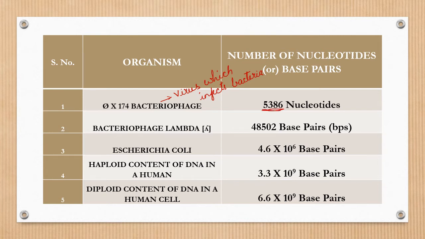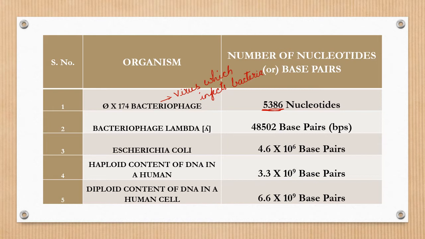Another organism, bacteriophage lambda, consists of 48,502 base pairs. One base pair consists of two nucleotides; base pairing occurs between two nucleotides.